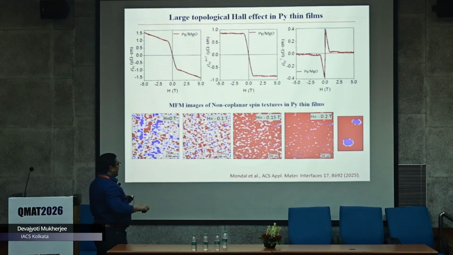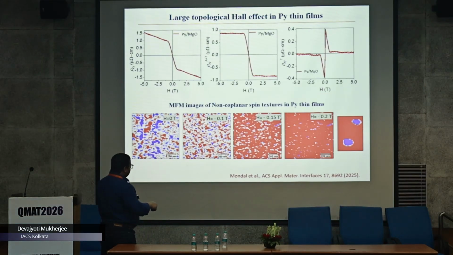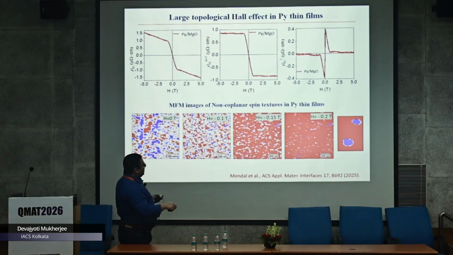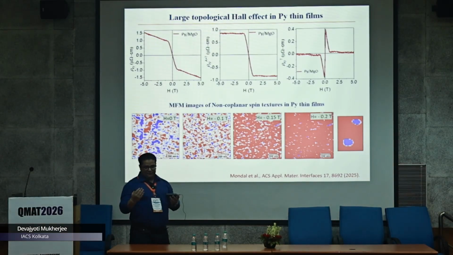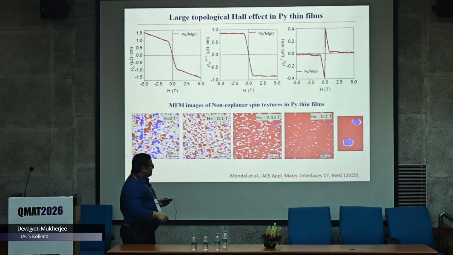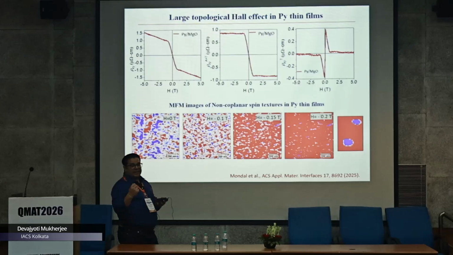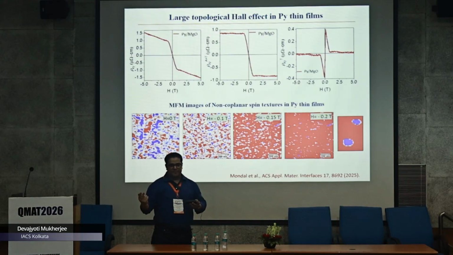But as you keep applying the field, the domains get aligned along the magnetic field, and you will see that the red color is slowly covering the whole image. But even at a 0.2 Tesla magnetic field, when the magnetization is already saturated, you still see that there are some of these island kind of magnetic moments which did not flip.